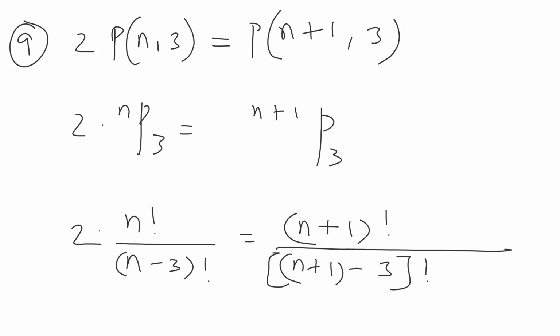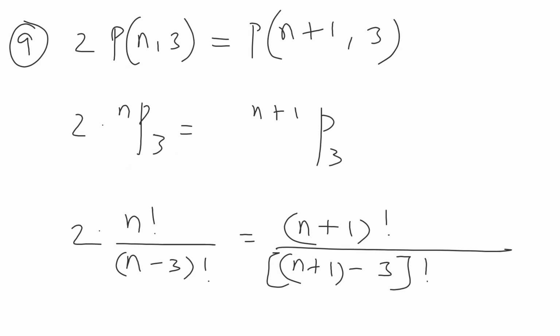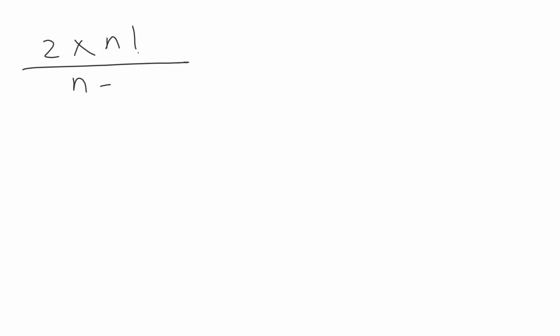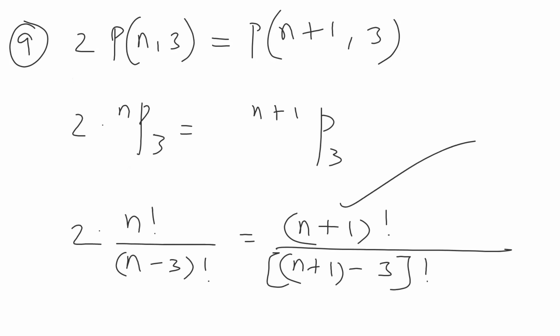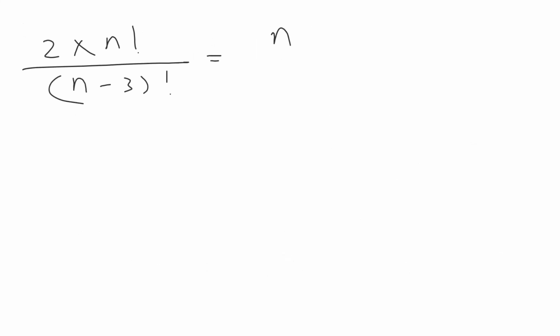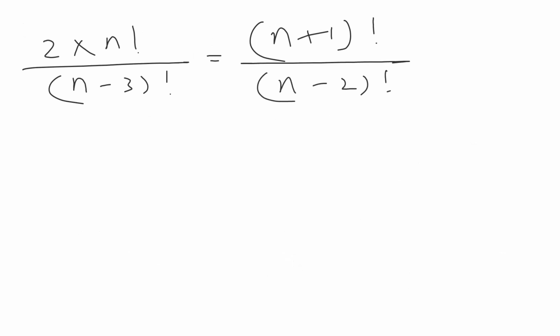Now let us simplify this further. 2 into n factorial, and this 2 and this n factorial are separate, they are not together. 2 into n factorial upon n minus 3 factorial equal to n plus 1 factorial upon n minus 2 factorial. Okay, multiple ways to solve this.